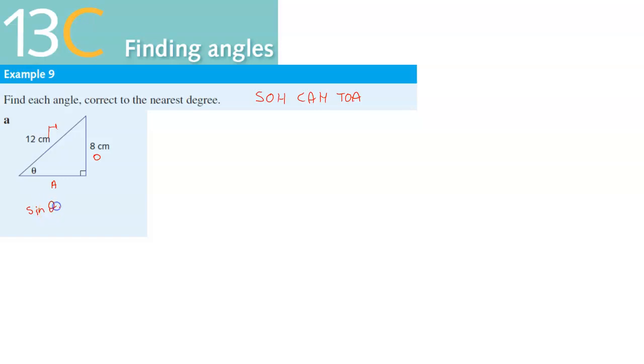So I just write out my ratio statement, then I substitute in what I know, then I inverse sine both sides.